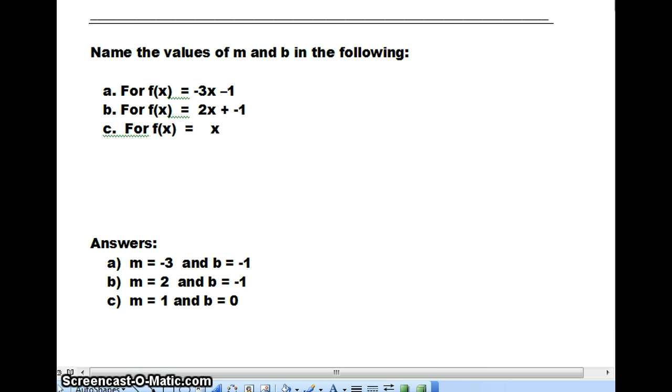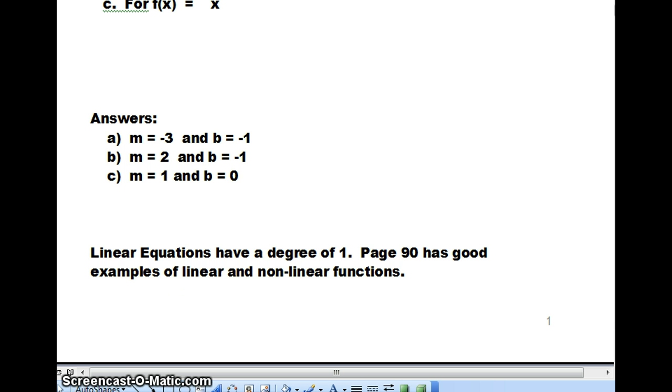For problem C, the number that is in front of the x is the value of 1, so m is equal to 1. There isn't a value of b there, so the value of b is equal to 0. Anything added to 0 is just equal to itself, so the value of b for problem C will be a 0.